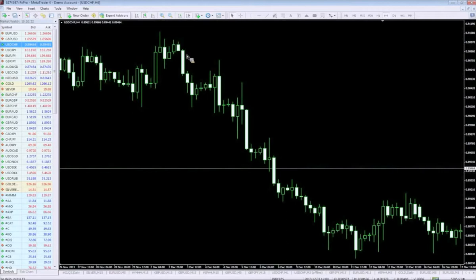So that's the first thing I need in a downtrend: I need price to have candles open and close lower than where they started. This candle opened here, it closed lower than where it started. This candle opened here, closed lower than when it started. So I need some down candles. Okay, good. That's the first building block. I need down candles, and we've got those right here.